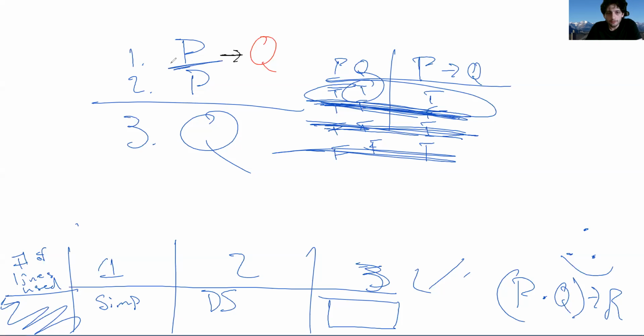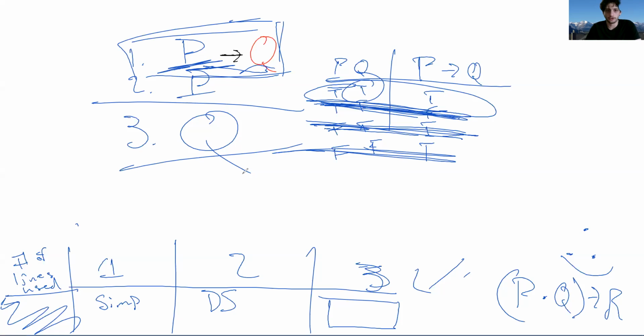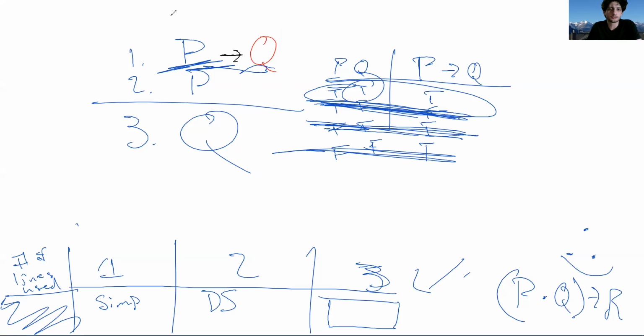If P entails Q, the whole point of that sentence is that if P is true, then you're going to get Q. So this should be a very intuitive rule, and if it's not, then this is one that definitely deserves your attention, and extra time practicing it.